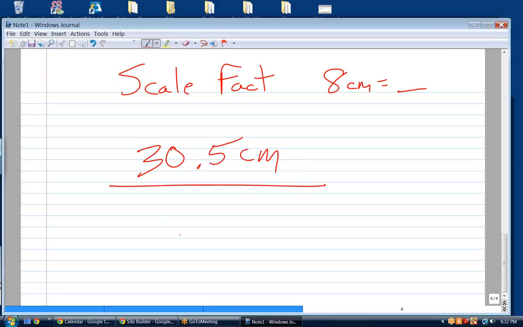So we could say 30.5 is to what? The actual thing is what? 70.6 meters. Yeah. And we then have 30.5 centimeters represents 70.6 meters, right? Yeah. Okay.